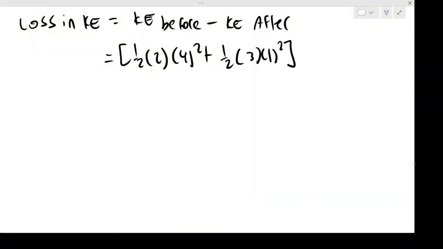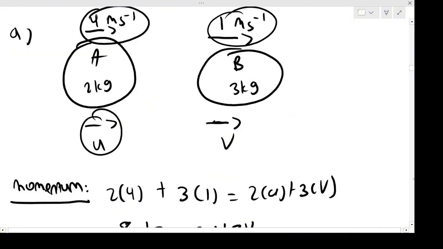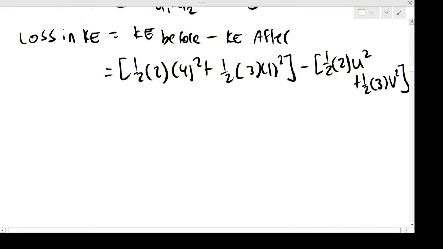Then I'm going to take away the kinetic energy after. So it's going to be half times 2 times the speed after, which is u for A, so u squared. Add a half, lots of 3, lots of v squared for B, the second particle there. And so I can simplify this.